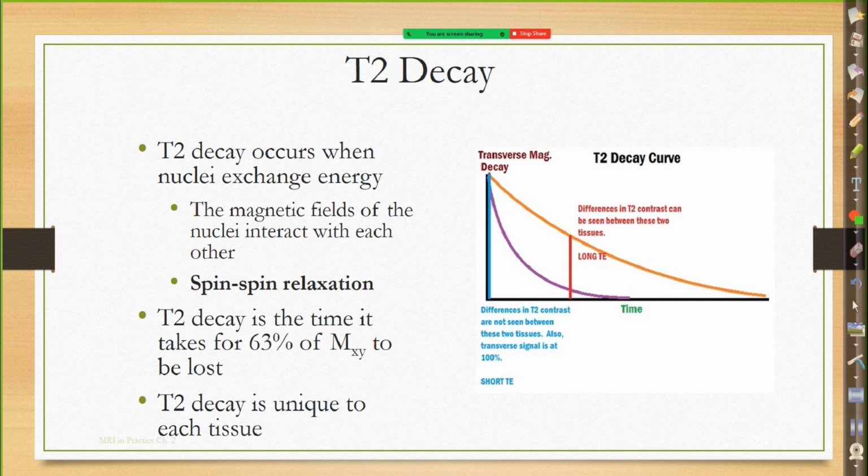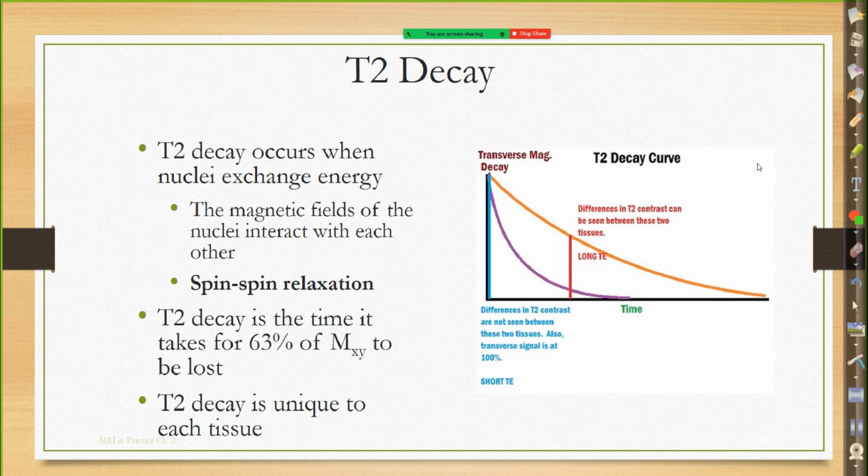All right, T2 decay. T2 decay occurs when the nuclei exchange energy, and what we're talking about is our neighboring spins. That's where we get spin-spin relaxation. T2 decay is the time it takes for 63% of our transverse magnetization to be lost.